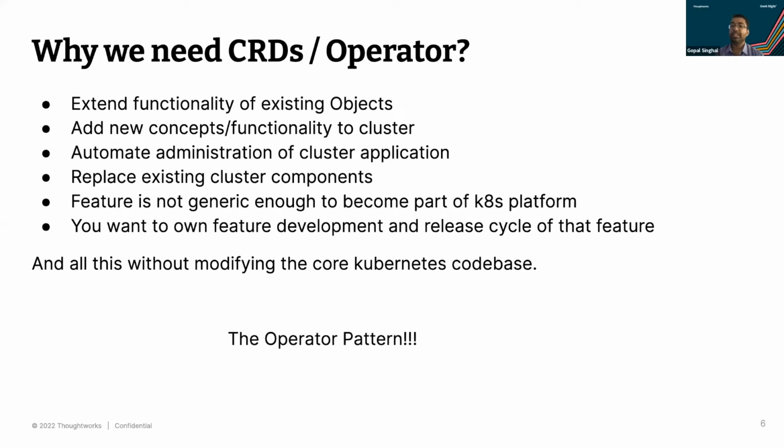Since these kinds of features are not generic enough, they cannot be included in the core Kubernetes platform. They have to be something that can be plugged into Kubernetes to provide this additional feature. So, for all these challenges that we just saw, we'll learn about the operator pattern and how we can overcome those challenges using the operator pattern.